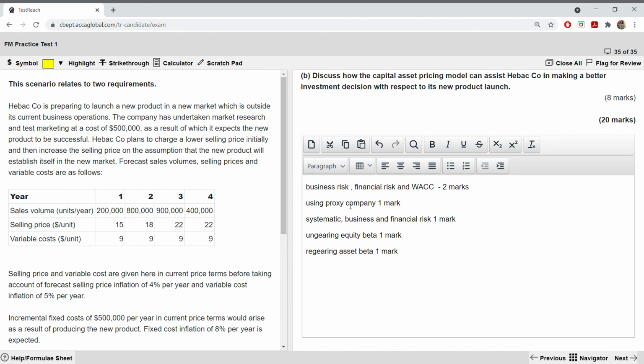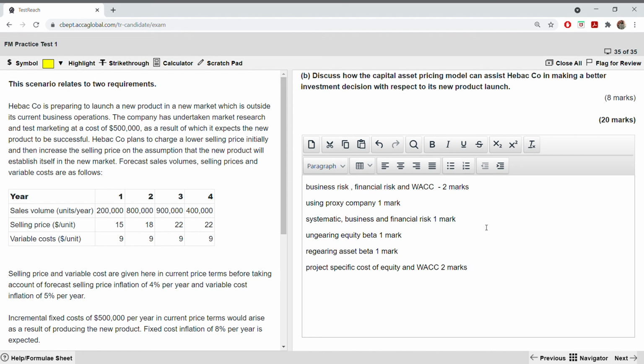Project specific cost of equity and WACC. Two marks.